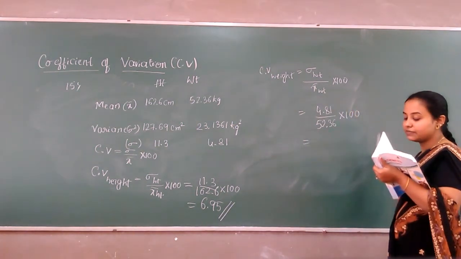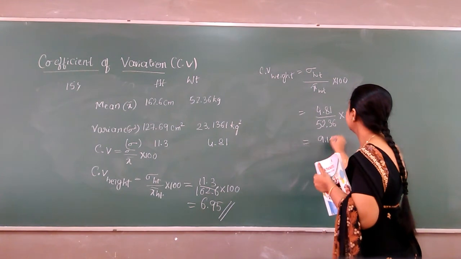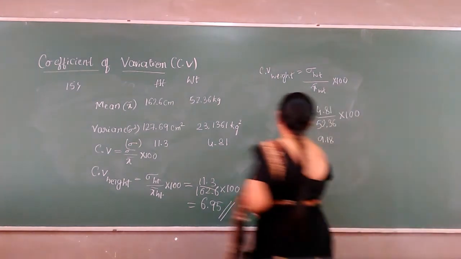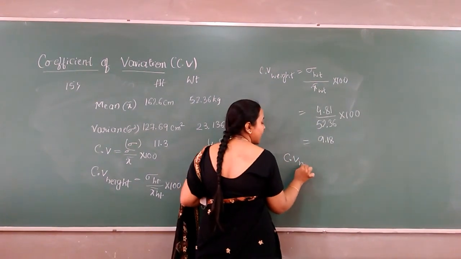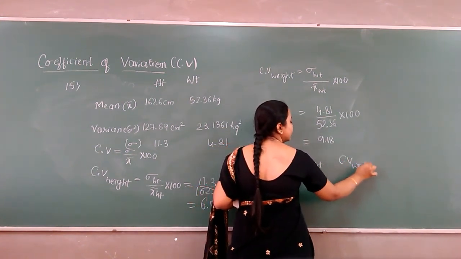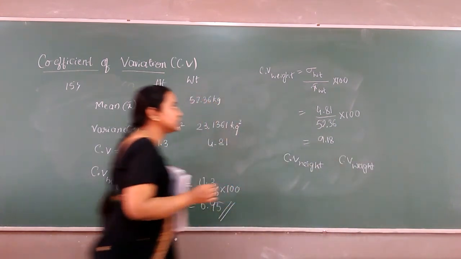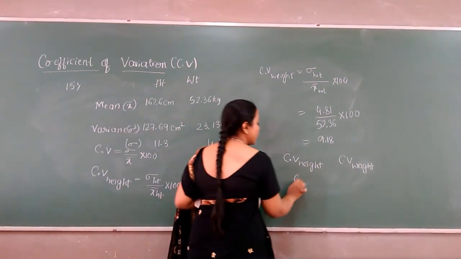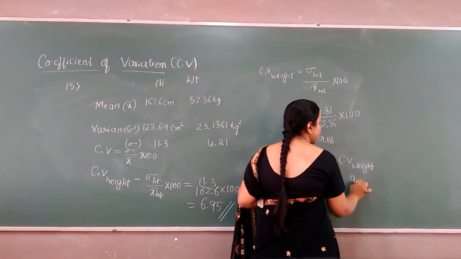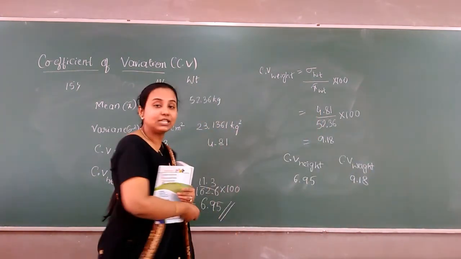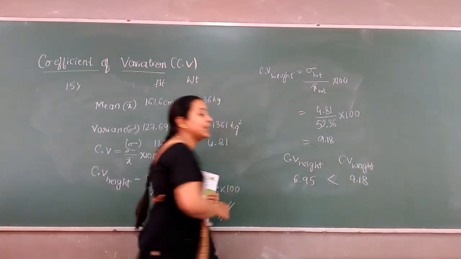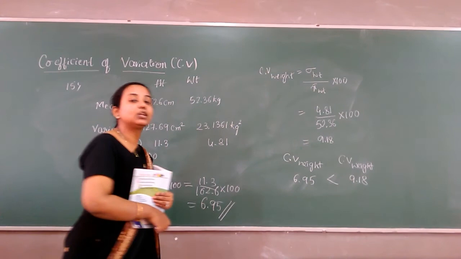When you simplify, the answer will be 9.1, which is greater than 6.95.